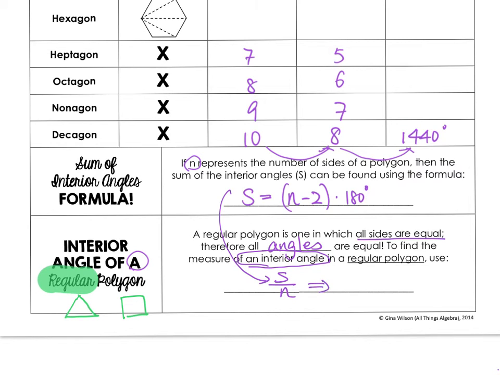Another way of writing this, if I expand it: the number of sides of the polygon minus 2 gives me the number of triangles inside. I multiply by 180, which gives me the interior angle sum, and then I divide by the number of sides. That will give me one angle measure in a regular polygon.